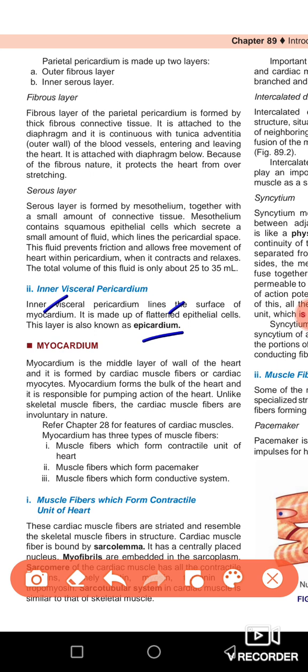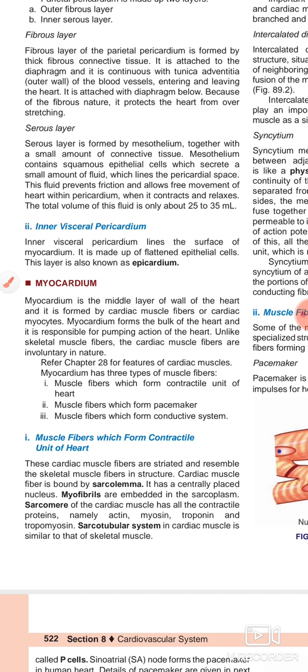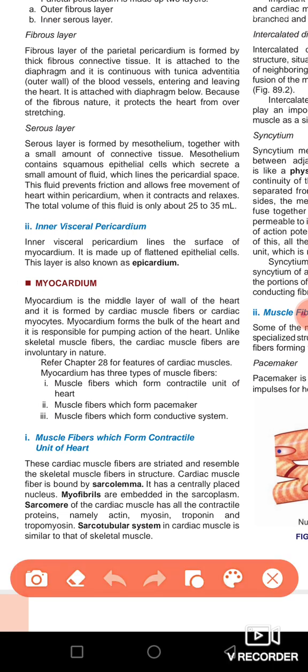Okay, so now we are going to discuss the second layer, the myocardium. This is the middle layer of your heart, and it is composed of cardiac muscle. You know that the heart is going to contract and relax, and for the contraction and relaxation the heart needs muscles. So the muscle is provided by this second layer, which is called what? Myocardium.